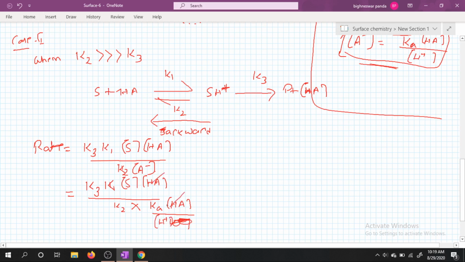So HA cancel each other, so I have K1 divided by K2 Ka multiplied by S H plus, and this whole thing I can take as another constant, K dash.